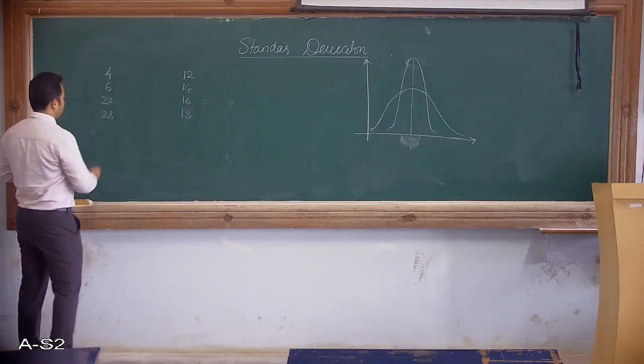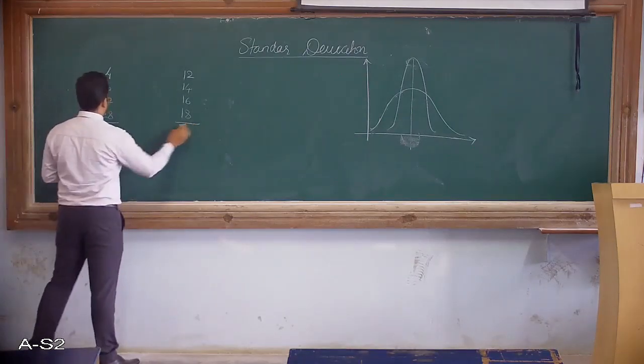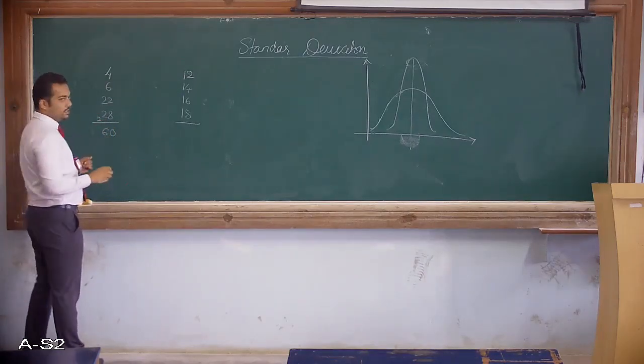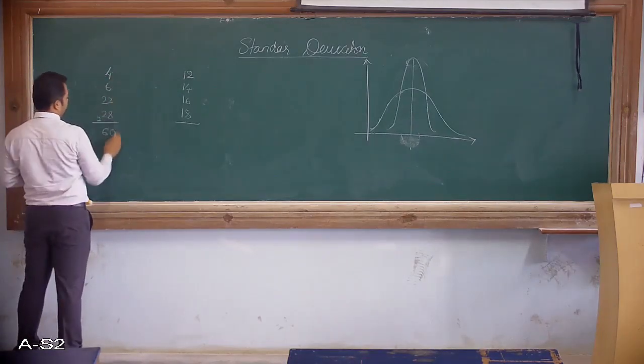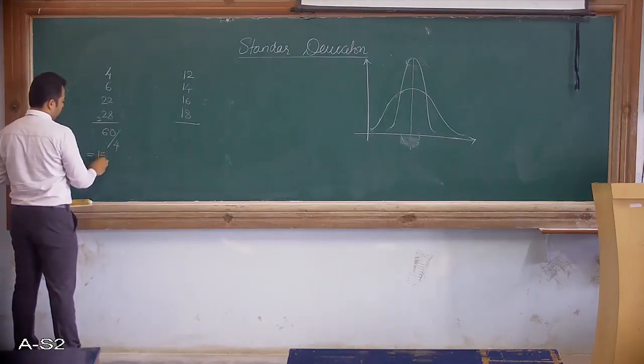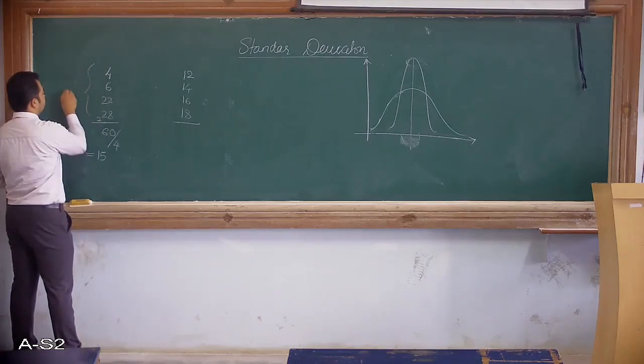Now we will calculate the arithmetic mean for them. The summation is 60 and we have 4 elements, so the arithmetic mean is 15.